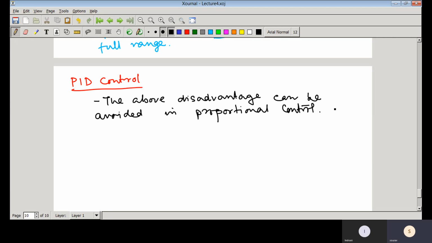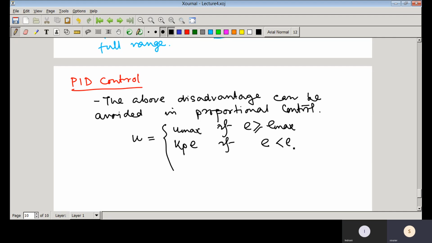So let us first write the control algorithm for proportional control. It is very simple: U equals U max if E is greater than or equal to E max, and U equals Kp times E if error is less than E max and greater than E min, and it is equal to U min if error is less than E min.